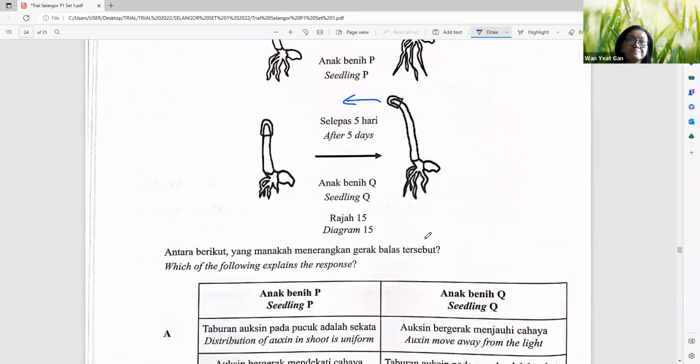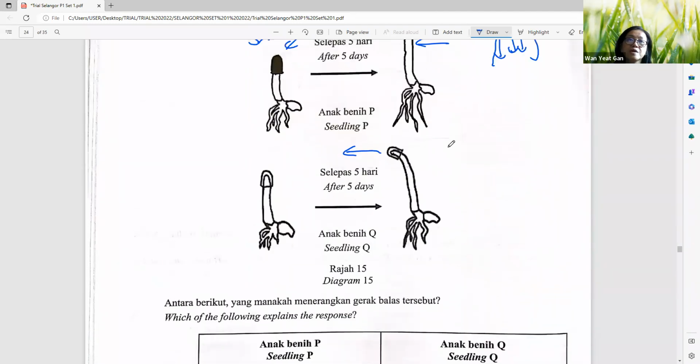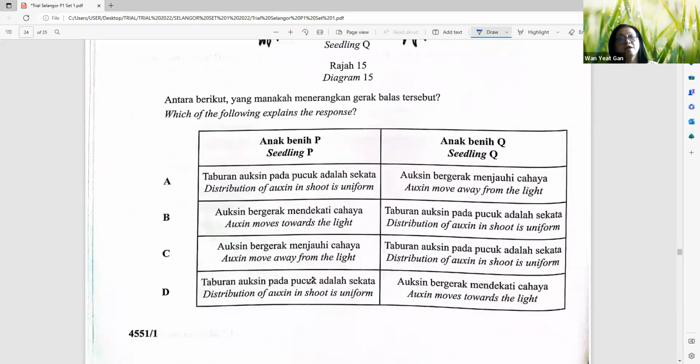Whereas for seedling Q, the sunlight comes from one direction, so that's why there is accumulation of more auxin over the shaded side, which stimulates elongation more than the illuminated side. So answer is A.